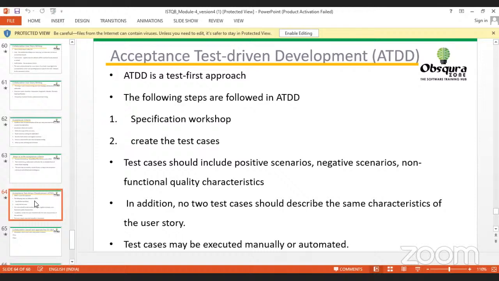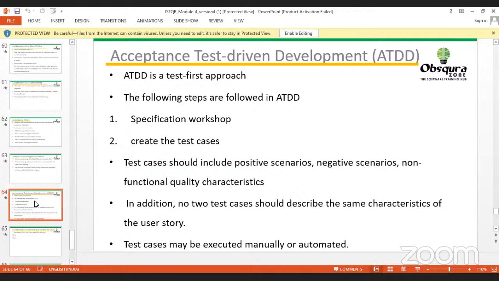For example, a cart module. You can consider it as an epic or something like that, a main thing that they are going to develop in this phase. So in the cart module, we will be having different user stories.